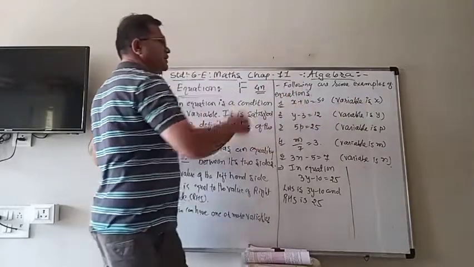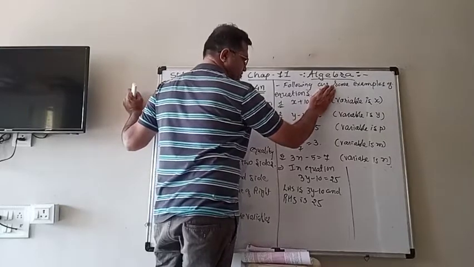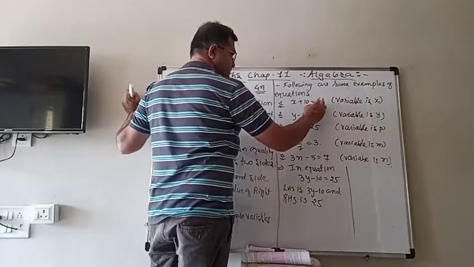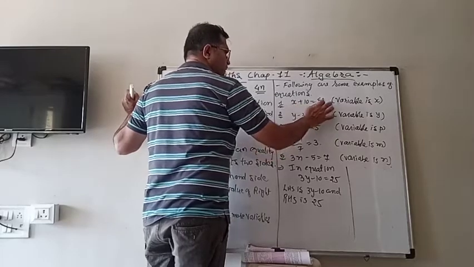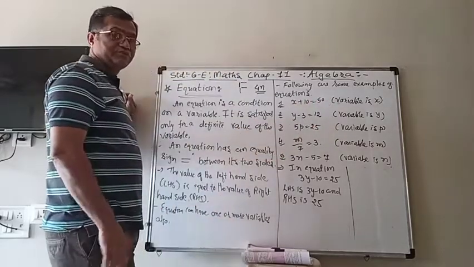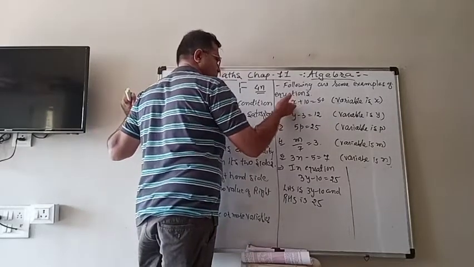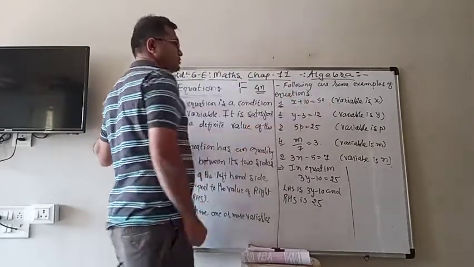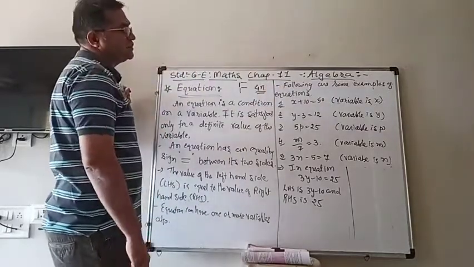Up to that part it was like an expression, but now there is a condition: if you add 10 to the variable x, we get 50. That condition is written in the form of an equation like that.